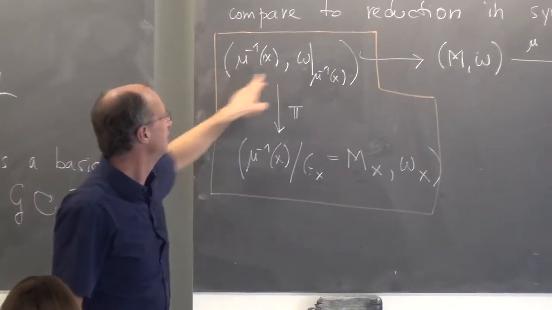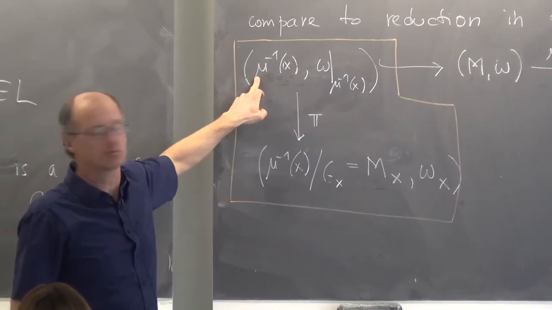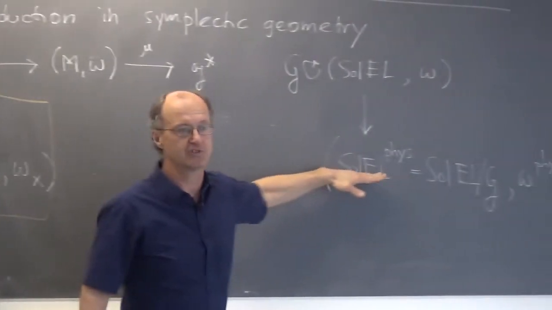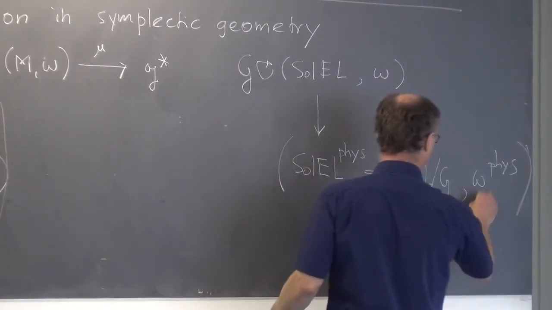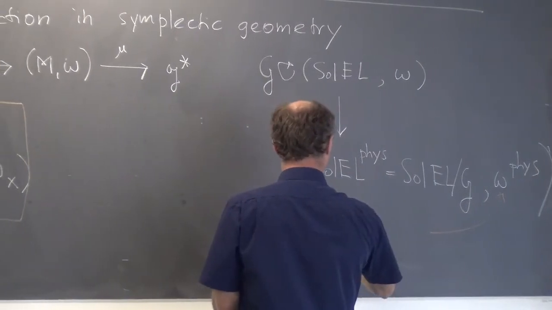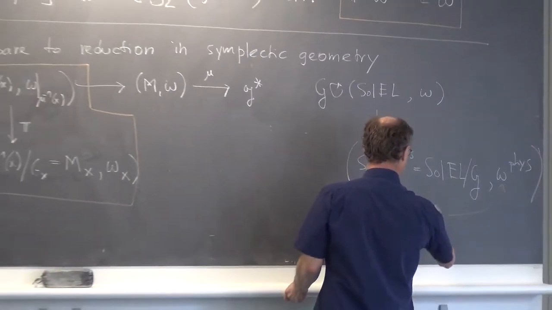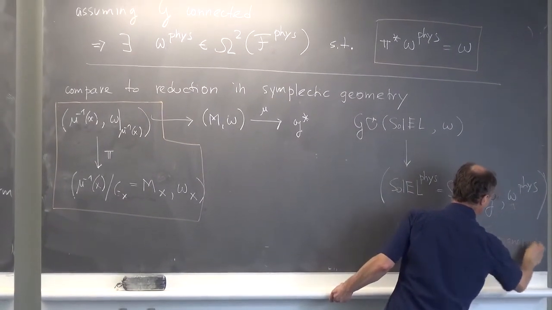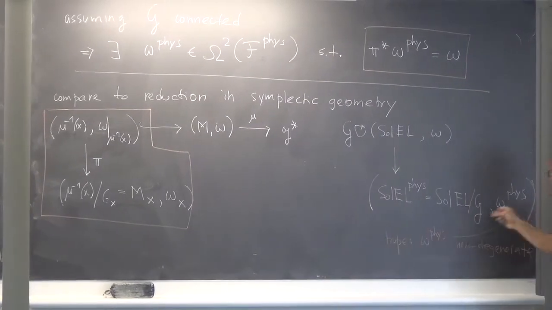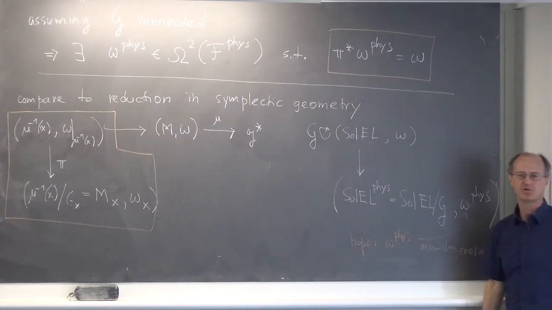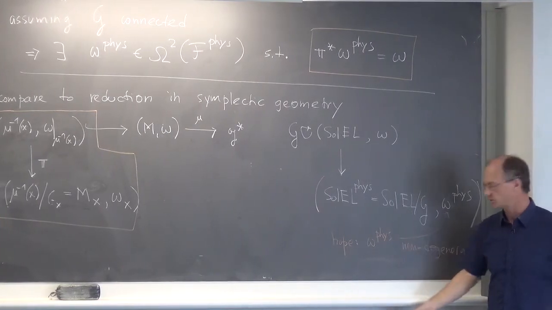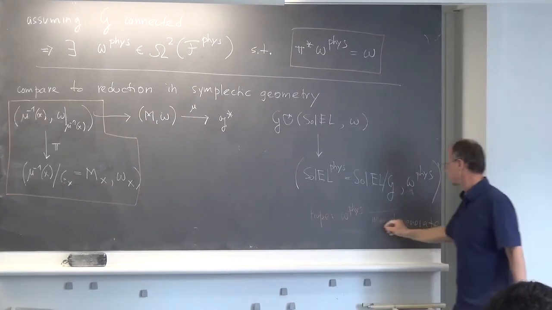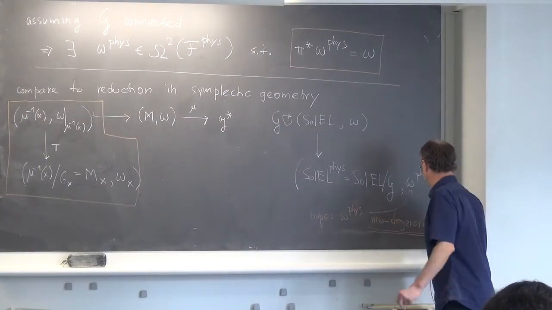Sol EL in gauge theory is like the fiber of 0, and the reduced space is Sol EL physical. So maybe I should also say that the hope is omega physical non-degenerate in some sense. If Sol EL physical happens to be finite dimensional, then it is just non-degenerate. If it is infinite dimensional, you have to negotiate what is the meaning of it.